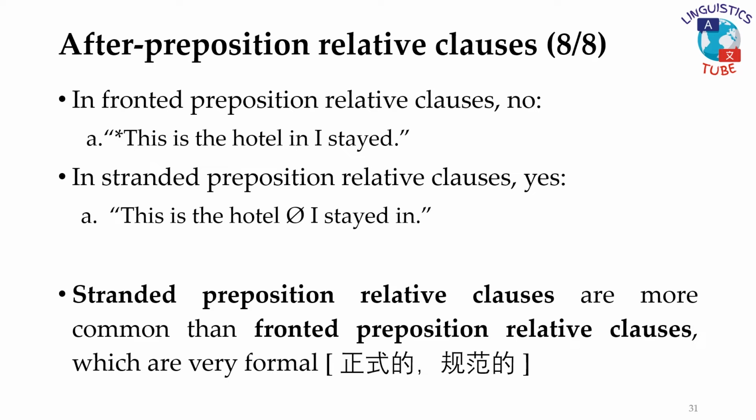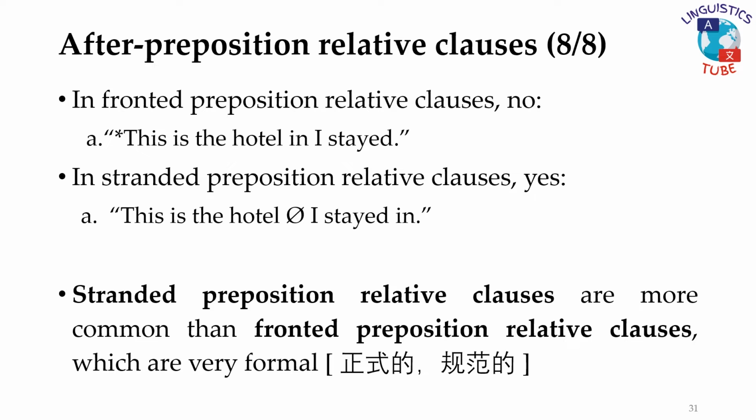It is likely because English is more flexible when the standard word order is maintained as much as possible. Look at the example on the screen. The stranded preposition relative clause is "I stayed in," which looks like typical English word order. But for the fronted preposition relative clause, the relative clause is "in I stayed."